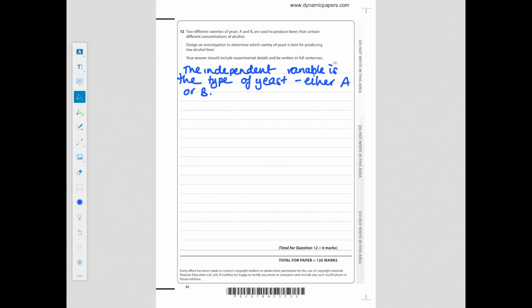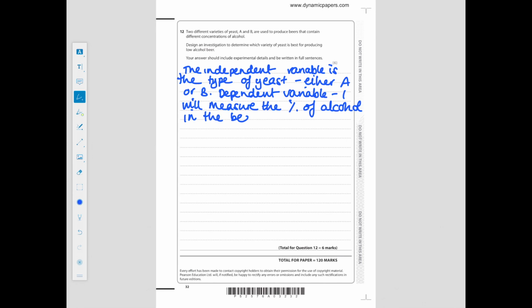We're looking at alcoholic beer, so we could measure the amount of alcohol in that beer. And don't forget at this point to mention a time frame. So let's say over 7 days. So after 7 days. So important that you mention a time frame.